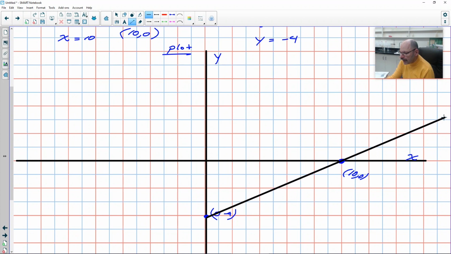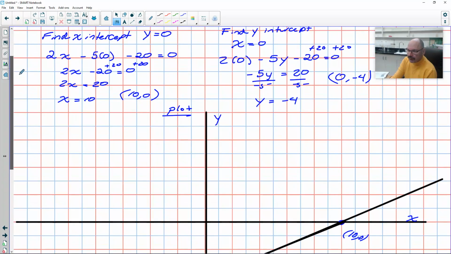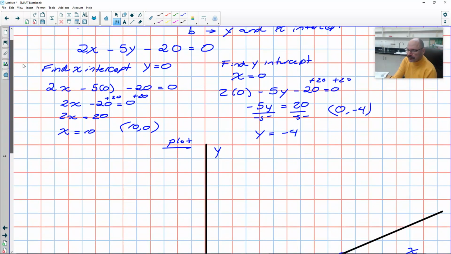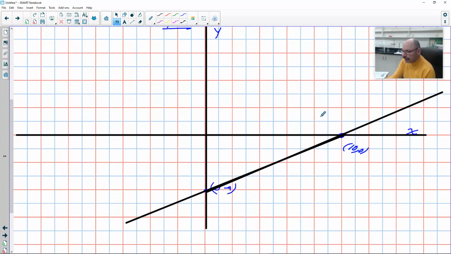Remember, when you're doing lines, they go on forever and ever. Make sure that you're drawing them as such. They're not line segments. Okay, and then you should always label your line. So go back, take a look at what the line was, which was originally up here, 2x minus 5y minus 20, and put it beside it: 2x minus 5y minus 20 equals 0.